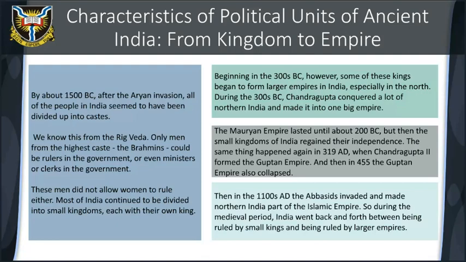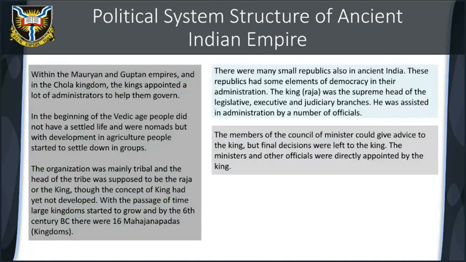larger empires. Political system structure of ancient Indian Empire, with the Mauryan and Gupta empires, and in the Chola kingdom, the kings appointed a lot of administrators to help them govern.